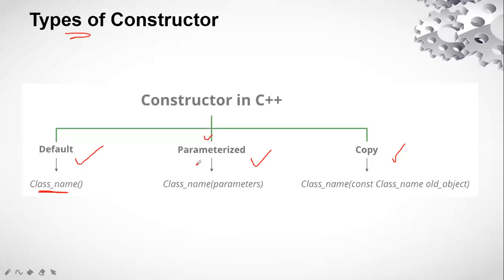Then next we have the second type, the parameterized constructor. In this type, we have two kinds: one is called simple parameterized and the other is called the copy constructor. The constructor name will be the same as the class name, and in the parentheses we pass the parameters. That is why we call it a parameterized constructor, right?